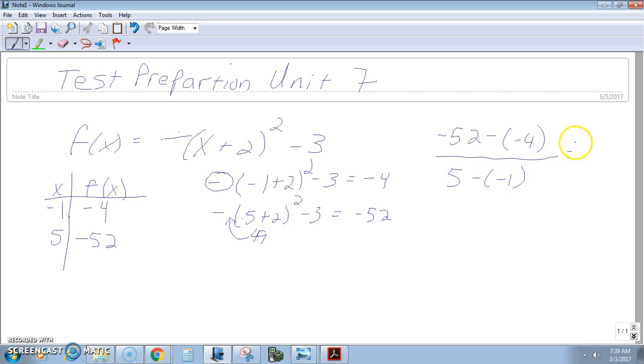So the slope for this one would be -52 plus 4, because minus a negative is a positive, is -48 over 6, which is just -8. Okay, so that's the average rate of change between those 2 points for this quadratic.